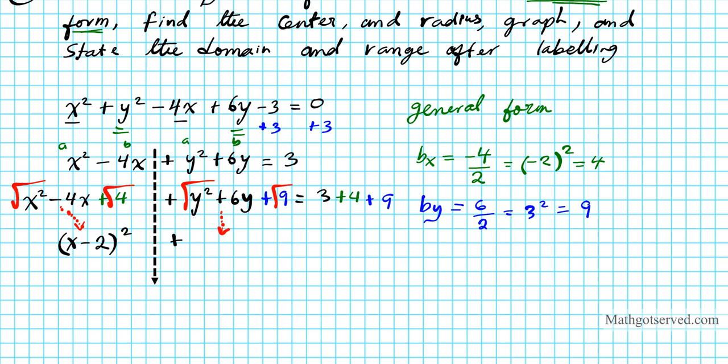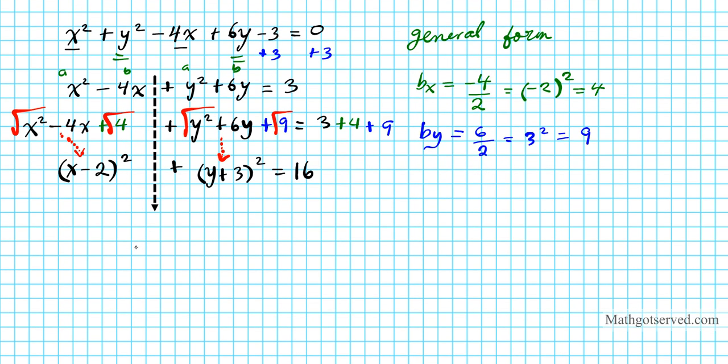So in that case, I'm going to have (y plus 3) quantity squared. And if I add 4 and 9, I'll get 16. So there goes your equation in standard form. Okay, so (x minus 2) squared plus (y plus 3) squared equals 16.